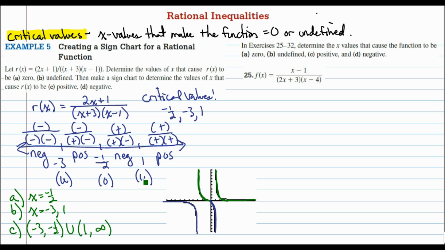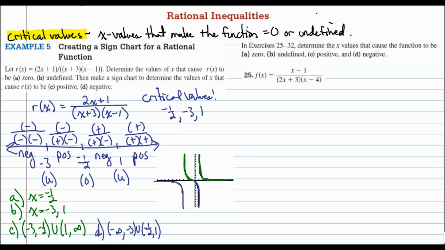And then 1 makes the function undefined, not positive. So then, last but not least, D. Where is the function negative? That will happen from -infinity to -3. And then again between -1/2 and 1.